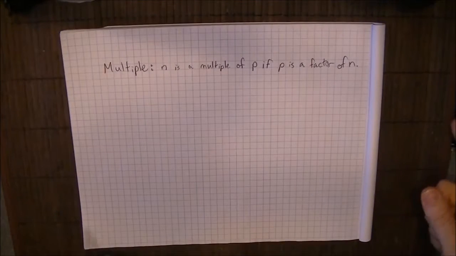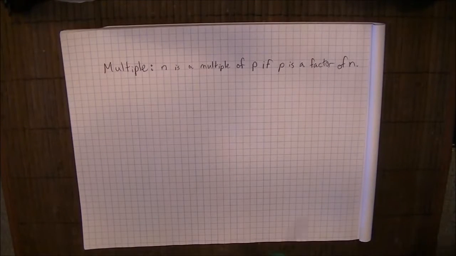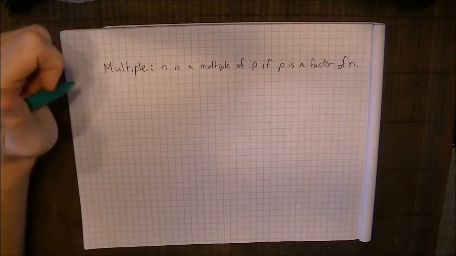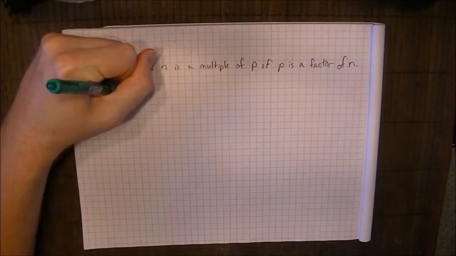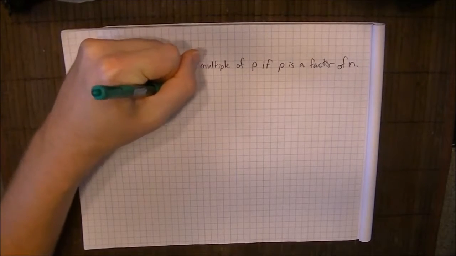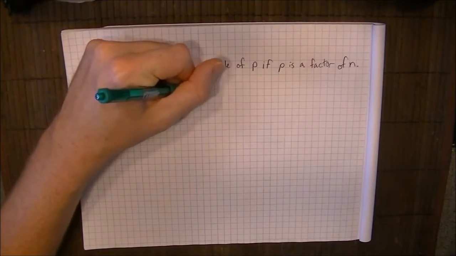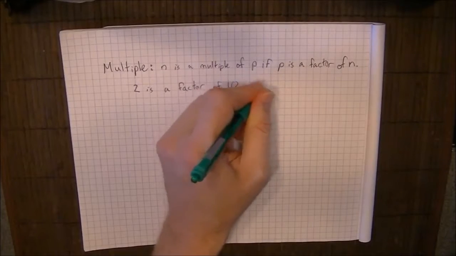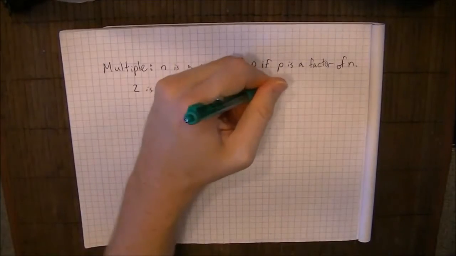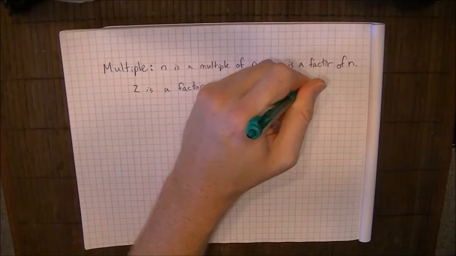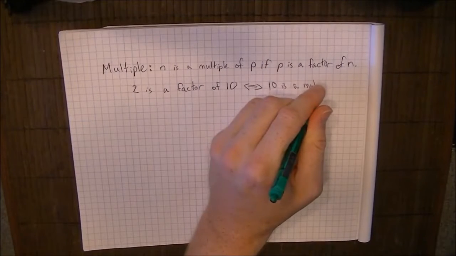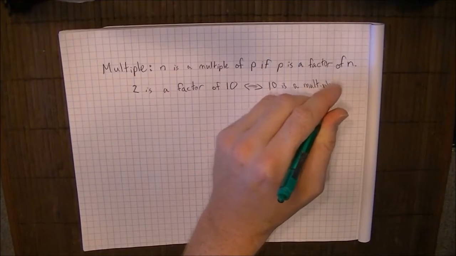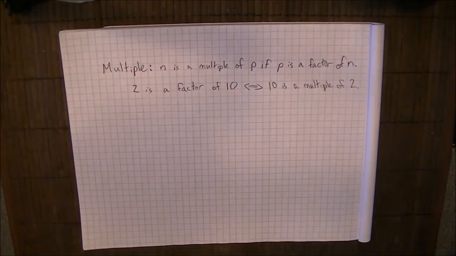So if p is a factor of n, then we can turn it around and say n is a multiple of p. For example, I know that 2 is a factor of 10. That's the same thing as saying 10 is a multiple of 2.